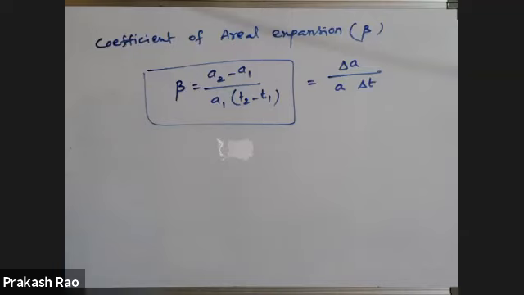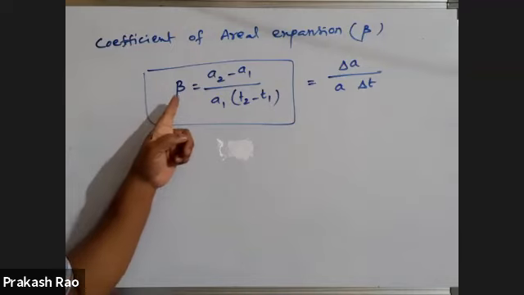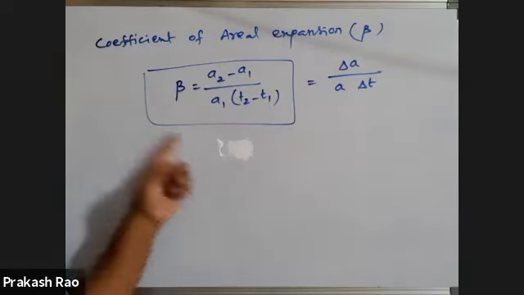What you have written: the ratio of increase in area per 1 degree centigrade rise of temperature to its initial area is called the coefficient of areal expansion. Take this expression, write it down.